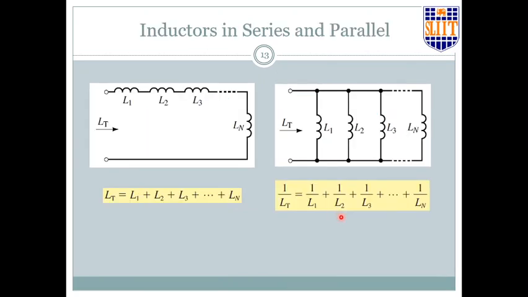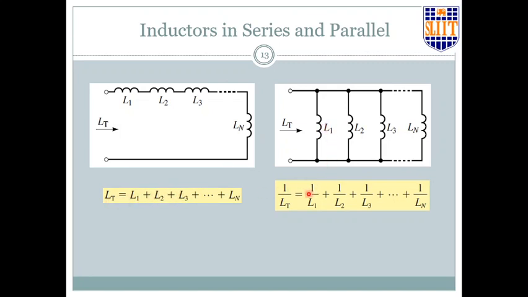Now when it comes to inductors in series and parallel, they are alike. They follow the equation of the resistors. So for series inductors, it is the sum of the inductances, the total inductance.